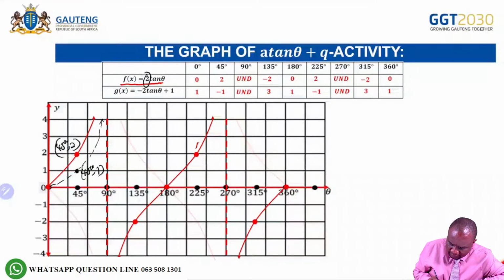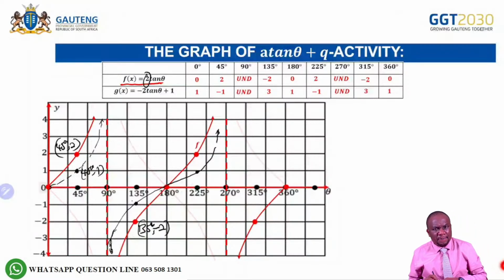And then here it was 135 going with negative 1, and then 225 was going with 1. And then the graph was something like this, not touching the asymptote there. Right. And then it was 135, negative 1. Now it's 135, negative 2. Do you see the effect of 2 there? Okay, so all the points are like that.